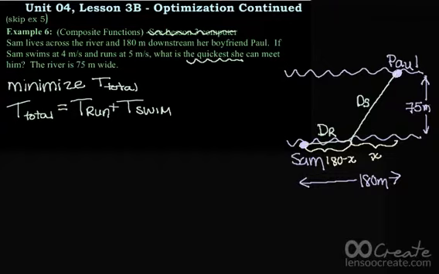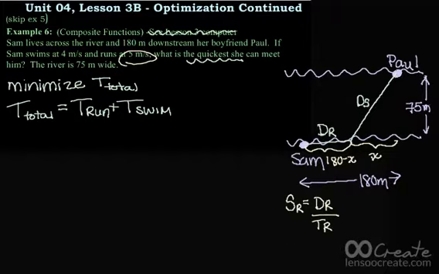So the distance that she ran is 180 minus x, and we have to remember from science the relationship between time and distance, so we'll write that out over here. We will recall from science that the speed she ran is equal to the distance she ran divided by the time she spent running. We know what the speed she can run is. We know that that's 5 meters per second.